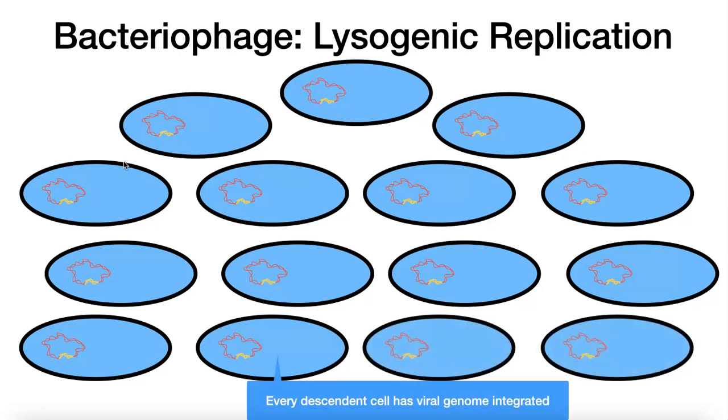And what's important to notice is that with each round of binary fission, the entire chromosome, including the viral DNA, is replicated. So every descendant cell that is descended from that original infected cell that has a prophage has viral DNA integrated into it. So every descendant cell has the viral genome present.